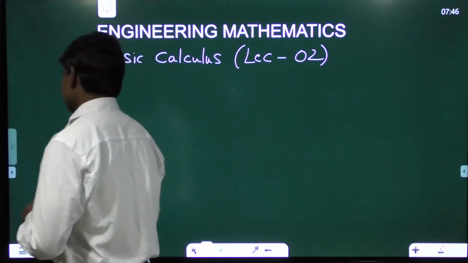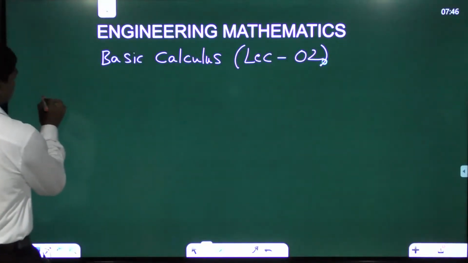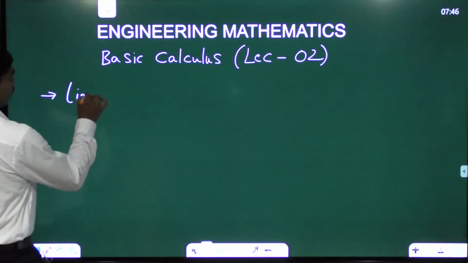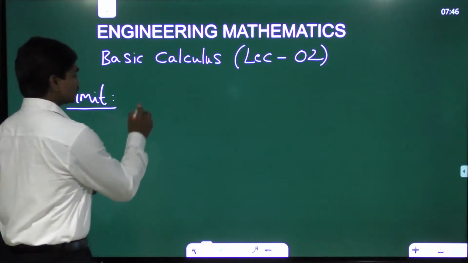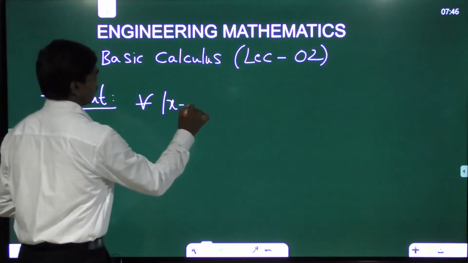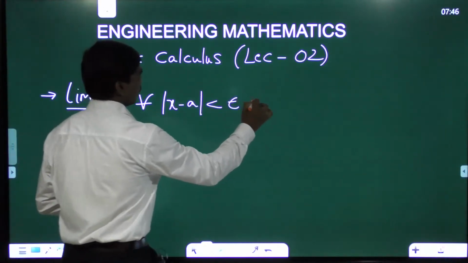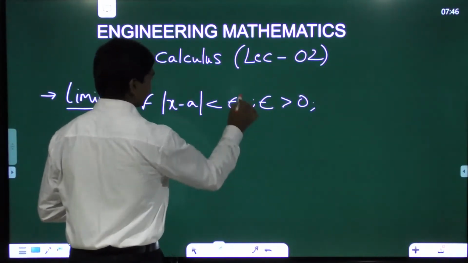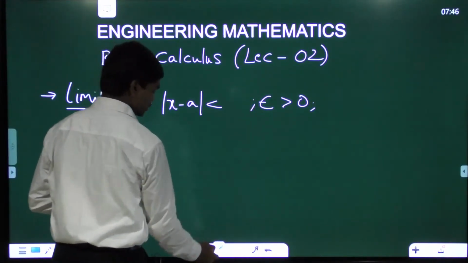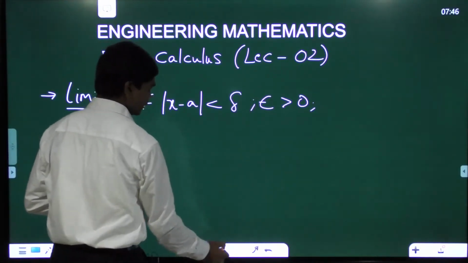So if you remember yesterday's lecture, we stated the definition of limit, and of course for all mod of x minus a less than epsilon, where epsilon is greater than 0, I told you, I think I used delta here. Let us use the same notations so that you may not get confused again.